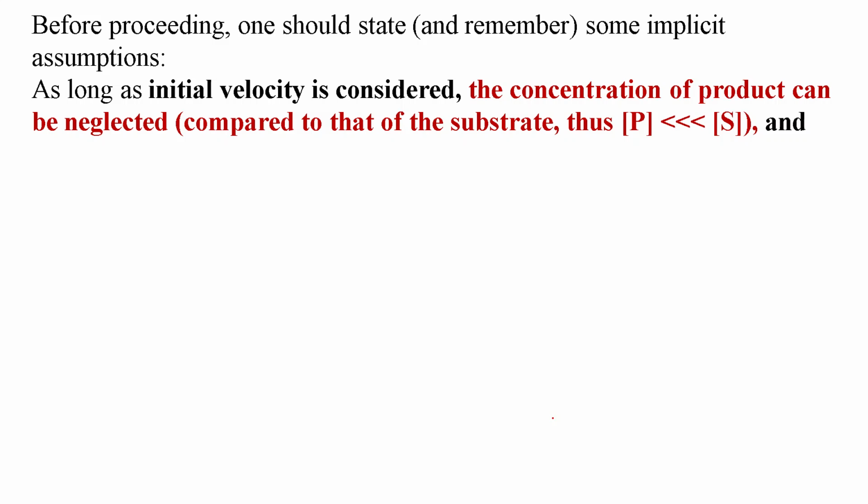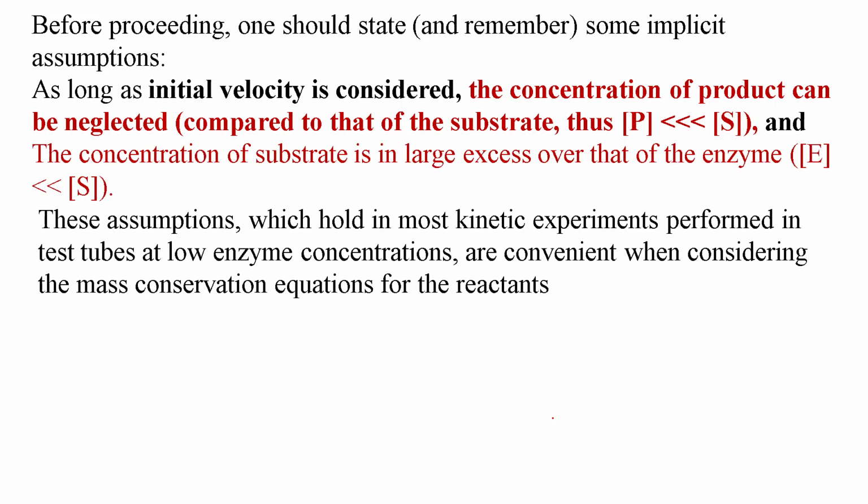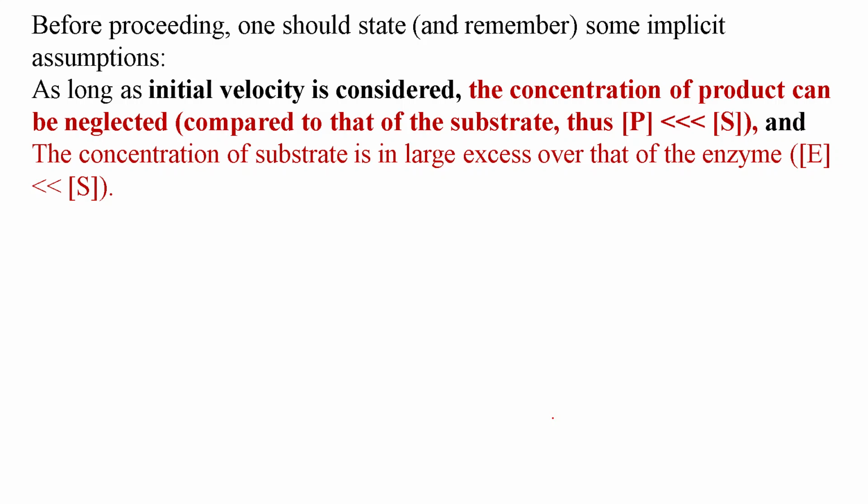The concentration of P, the product, will be very, very little and sometimes negligible, and the concentration of the substrate far outweighs that of the enzyme. In other words, the enzyme equally is quite small.